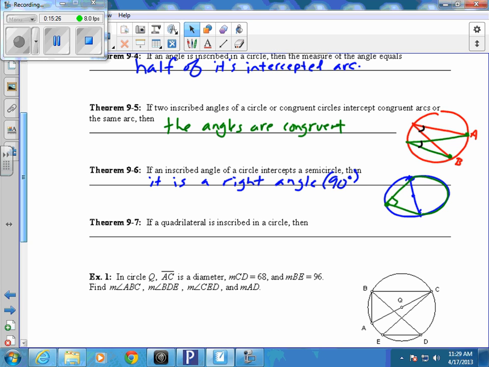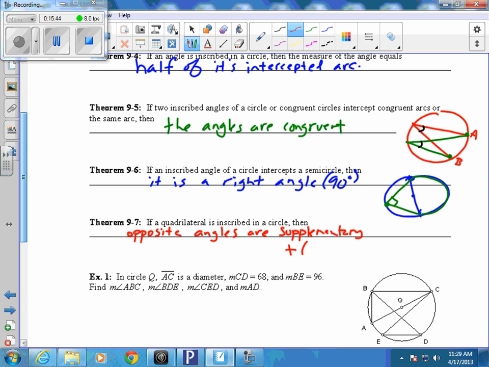If a quadrilateral, the next one is if a four-sided figure, a quadrilateral, is inscribed in a circle, then opposite angles are supplementary. This is an important one. Opposite angles are supplementary, meaning they add to make 180. So this diagram might be something like this. I get a four-sided shape.